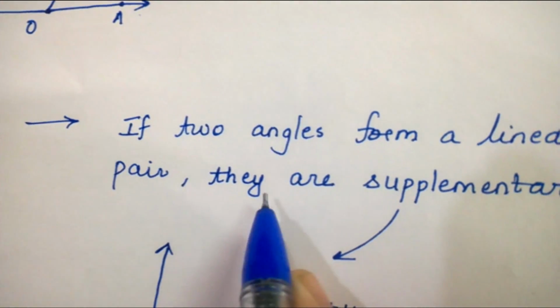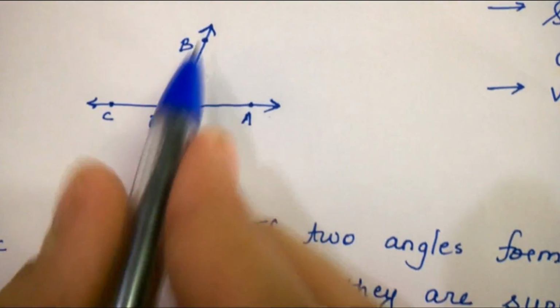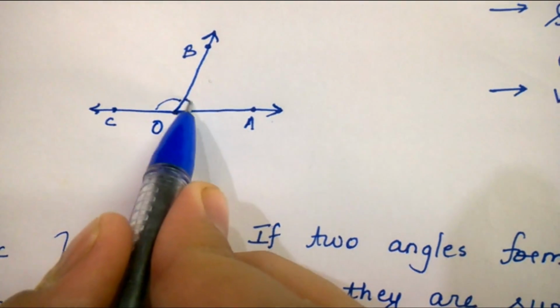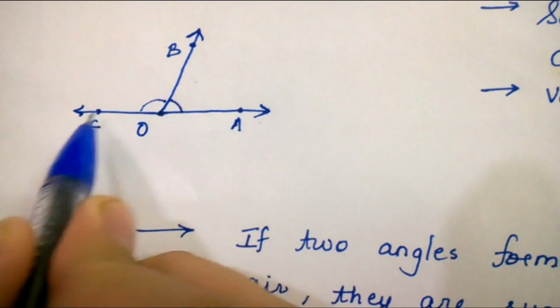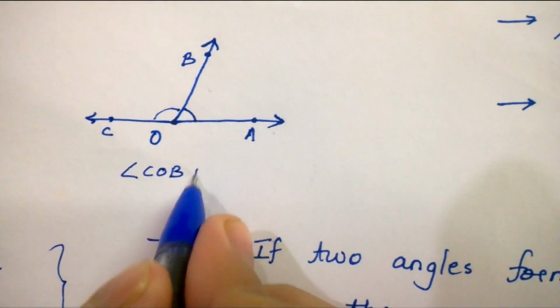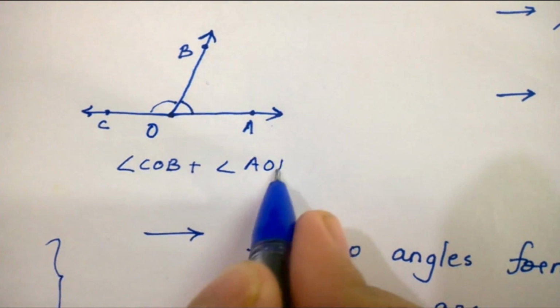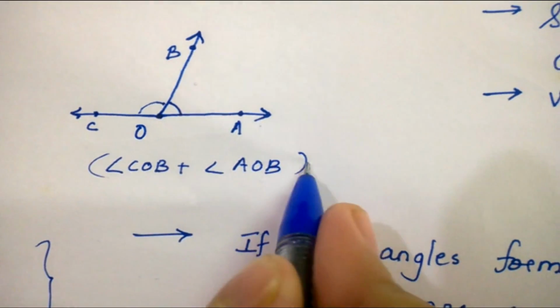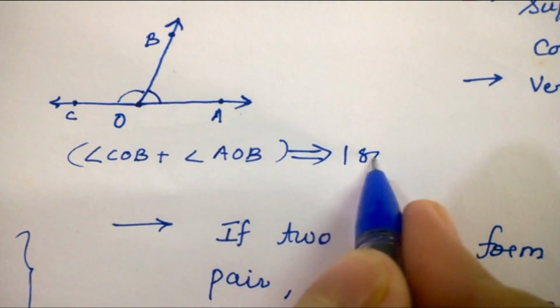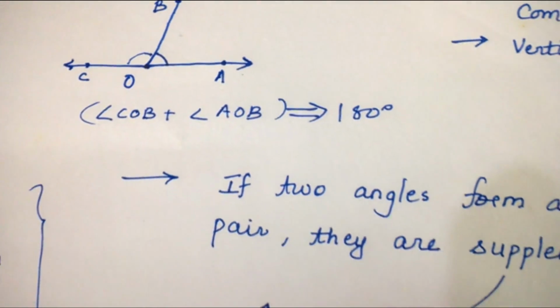So the statement says that angles forming a linear pair are supplementary, meaning that when these two angles add up, angle COB plus angle AOB equals 180 degrees. So they are supplementary.